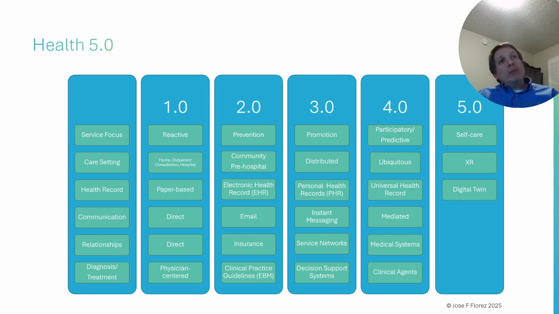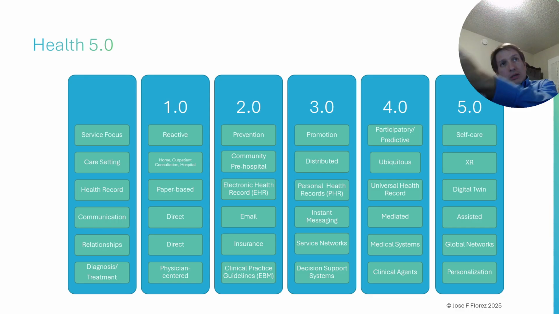And we can create simulations there to understand what is going to be the best alternative of care for you. The communication is going to be continuous, assisted by agents. We are going to see definitely global networks, and healthcare is going to try to go to that dream of personalization, that with the help of technology and the help of humans, we are going to be able to tackle your specific needs.